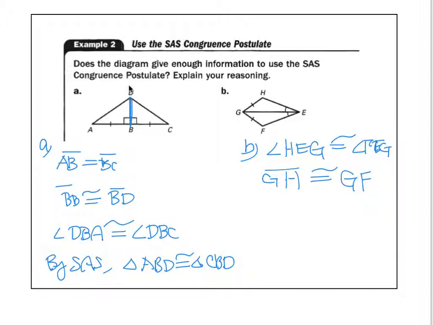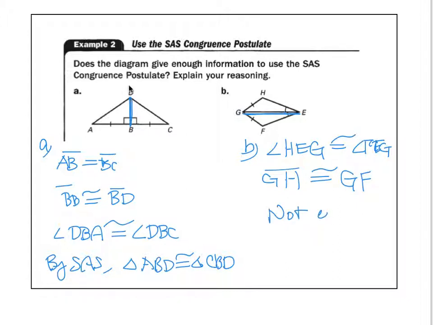You do have a second side. But be very careful. You do have a second side. GE is congruent to GE. But notice that this angle, HEG and FEG, is not sandwiched between the two congruent sides. It's on the side. And therefore, I don't have enough information.